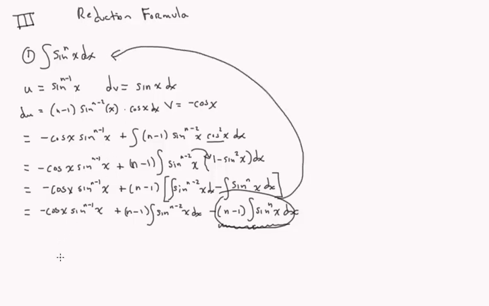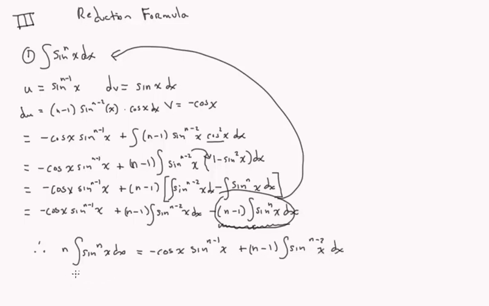So when I add that, I get, therefore, n times the integral of sine n of x dx equals negative cosine of x times the sine n minus 1 power of x plus n minus 1 quantity times the integral of sine n minus 2 of x dx.